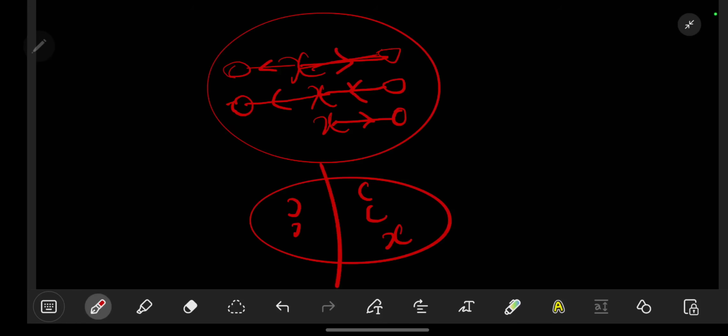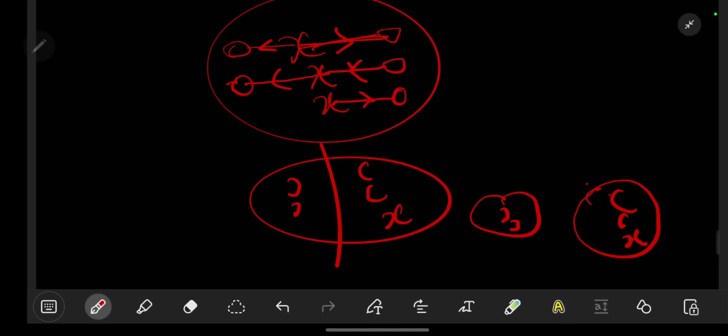Then when it is split, it will be a chromosome like that, another chromosome like that, and a full one like that. Now this is a problem. This condition is what we are going to call aneuploidy. Aneuploidy is when there is an abnormal number of chromosomes. This is a problem as it leads to a potential mutation.